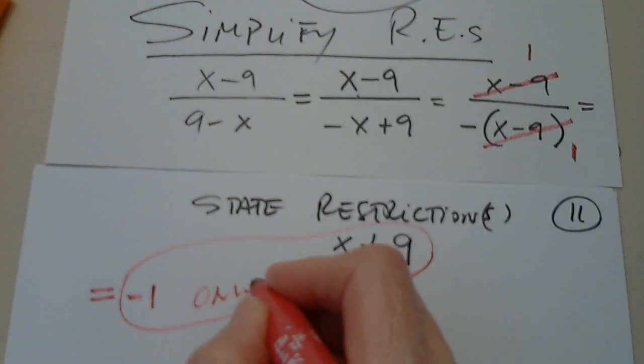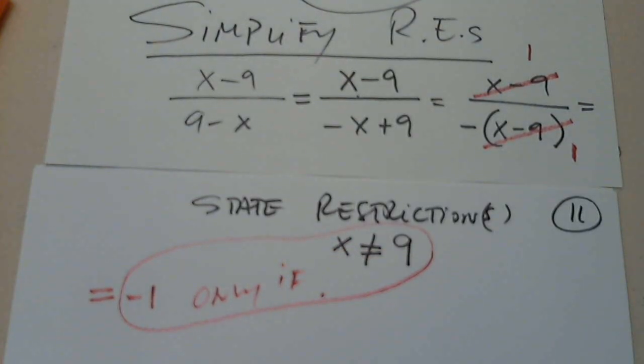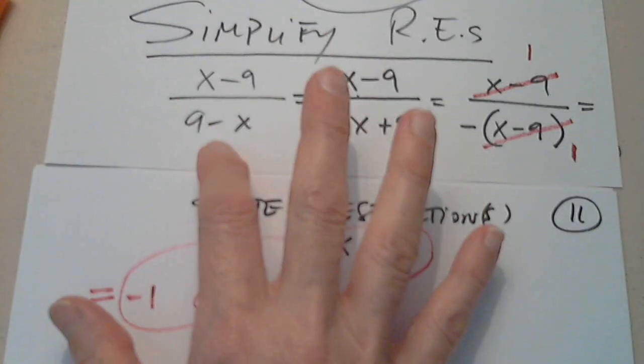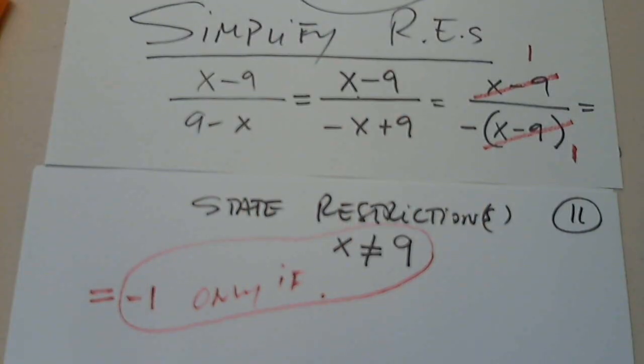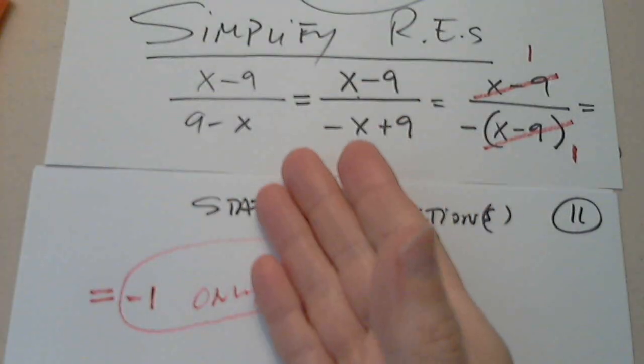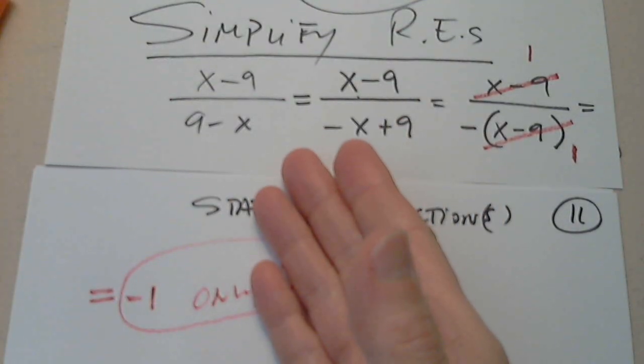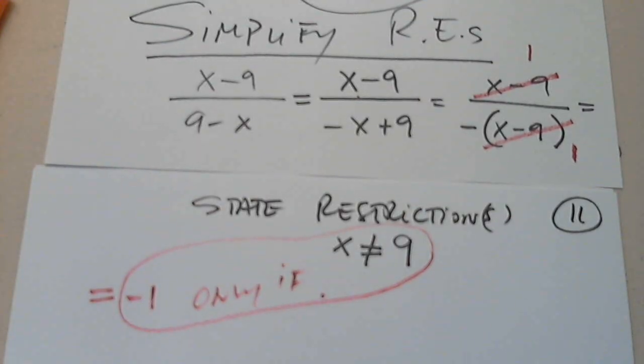Only if this is the correct answer. The answer is negative 1 only under the condition that x is never, ever, ever 9. So again, in this expression, if you want me to evaluate it for 5, I'll give you a number back. If you want me to evaluate it for 10, I'll give you a number back. But if you want me to evaluate it for 9, I will not be able to give you a number back.